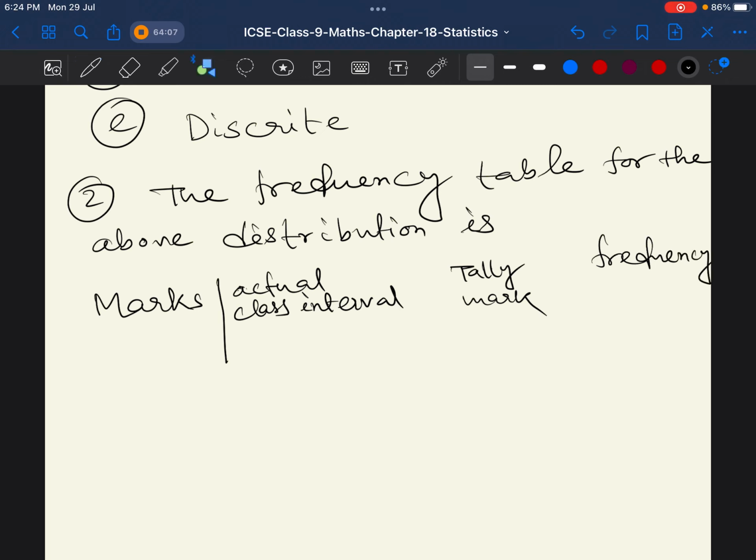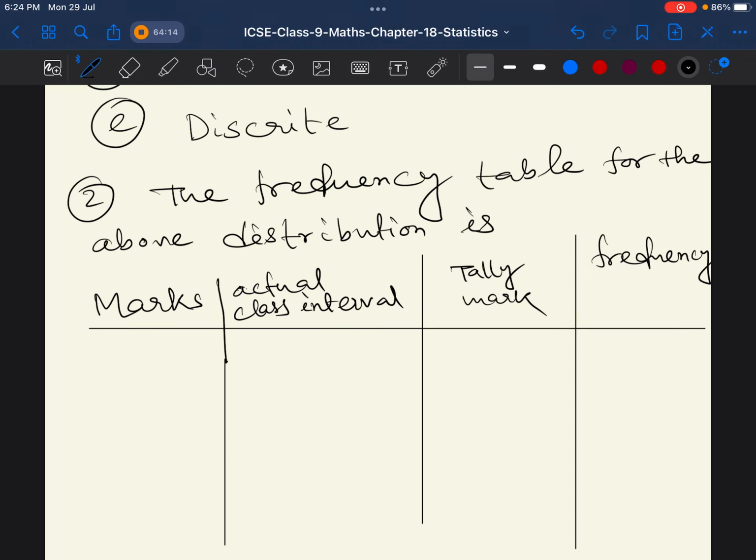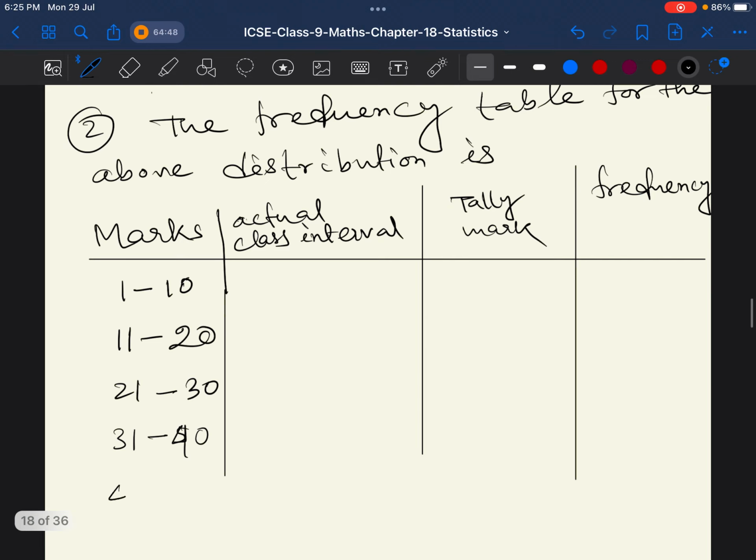First 1 to 10, then 11 to 20, 21 to 30, 31 to 40, 41 to 50.